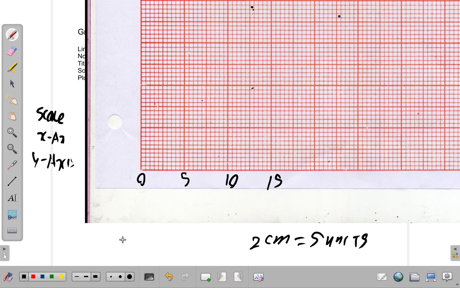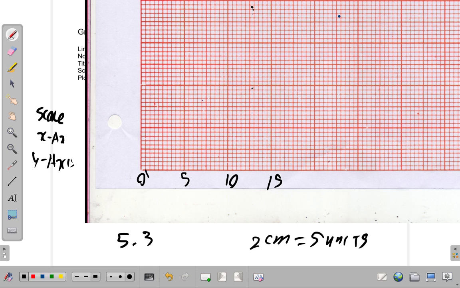Suppose you want to identify exactly where 5.3 is. In this case, 2 centimeters equal 5 units. Between 0 and 5, how many divisions? 1, 2, 3, 4, 5, 6, 7, 8, 9, 10 divisions.